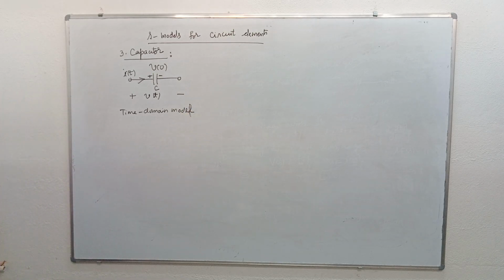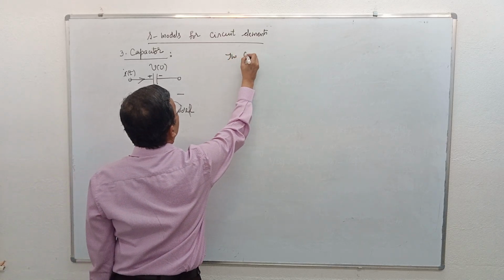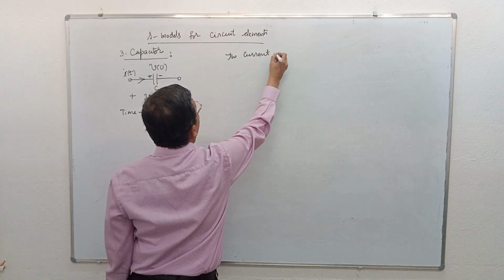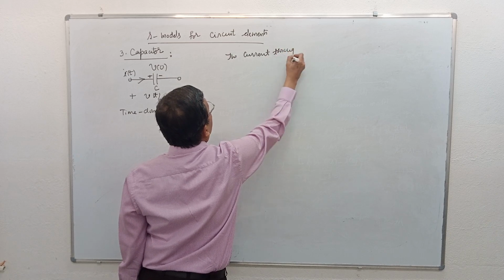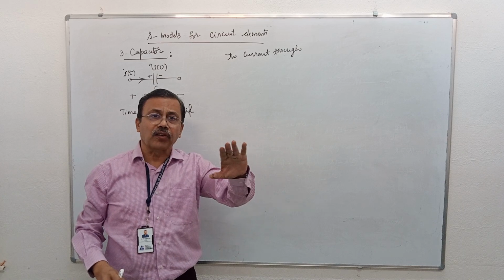What is the S domain model? We have to see now. The current through the capacitor. Always I use the word current through an element, voltage across.